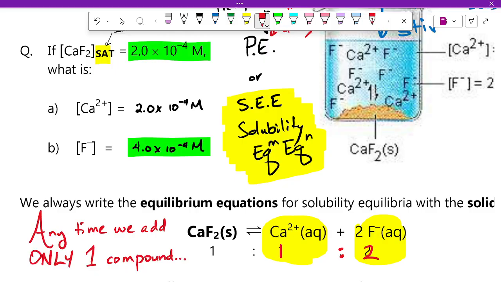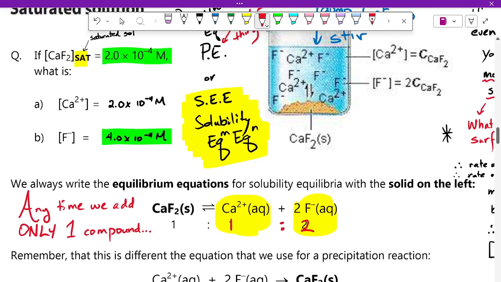Anytime we had only one compound, this is dump and stir. And the concentrations are proportional to the coefficients. Okay, the ion concentrations are proportional to the coefficients.